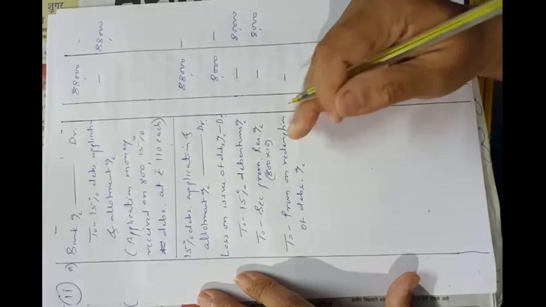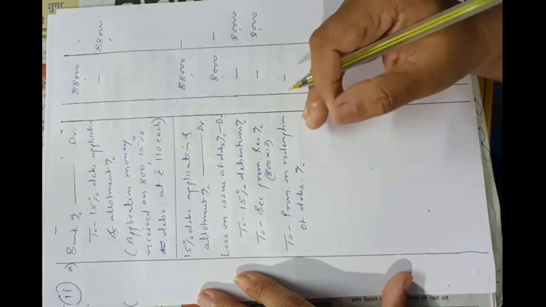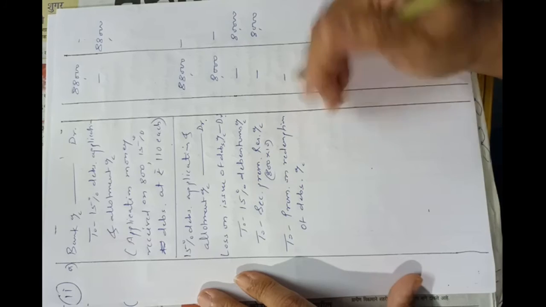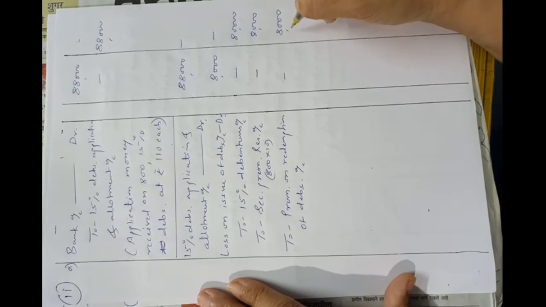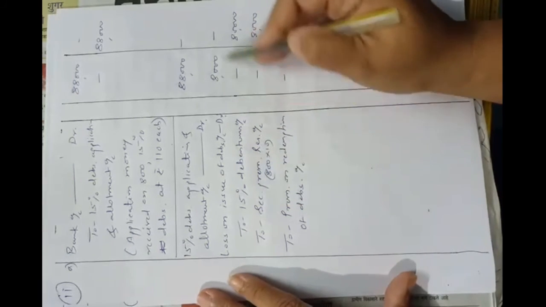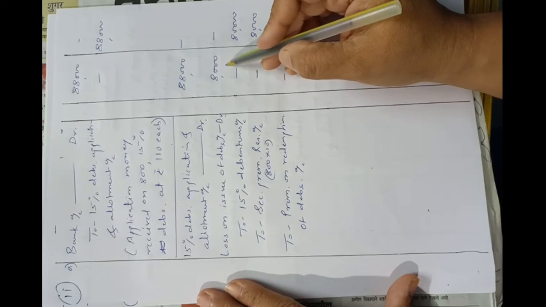Again at the time of repayment the premium is rupees 10, so 800 into 10 again, that is 8,000. And at the time of making repayment they have to pay the premium of rupees 8,000, which is debited to loss on issue of debentures account because it is a loss to the firm.